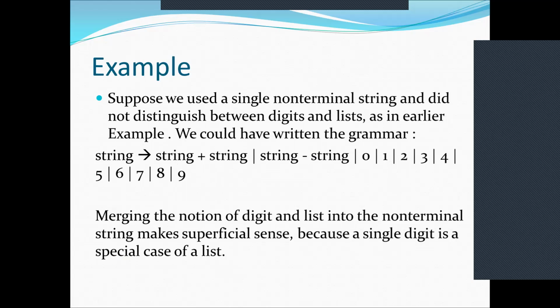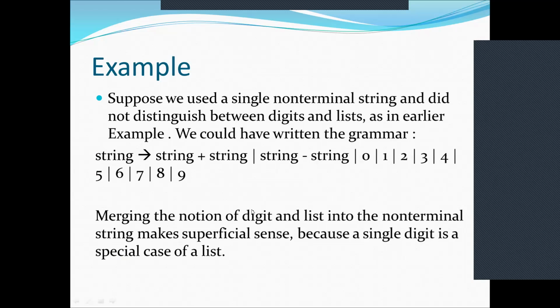So what will happen by this? Merging the notion of digit and list into a non-terminal string makes superficial sense, because a single digit is a special case of a list. This is what we studied, right? So if we are using a list, it is also a digit.